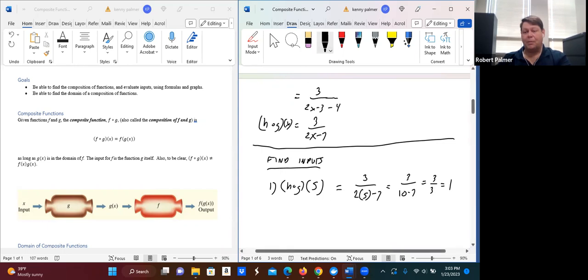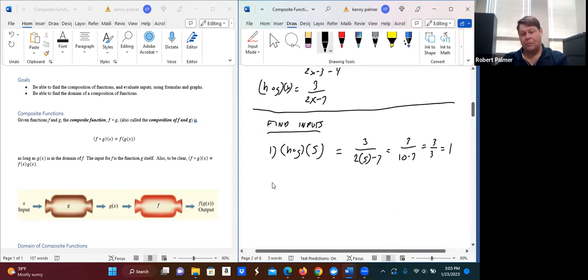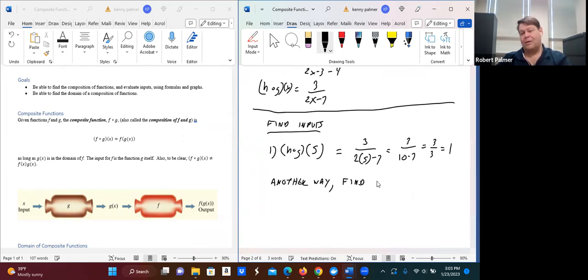Now, that's one way we can do it, but another way, okay, is find g of 5 first.